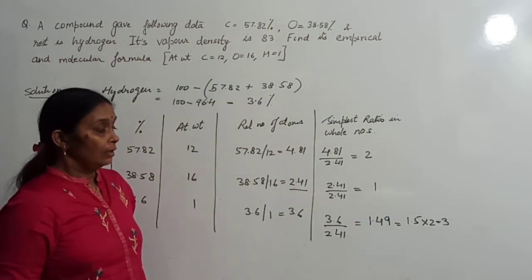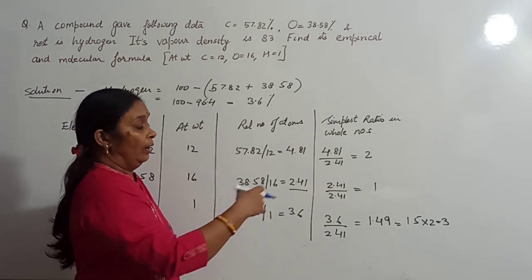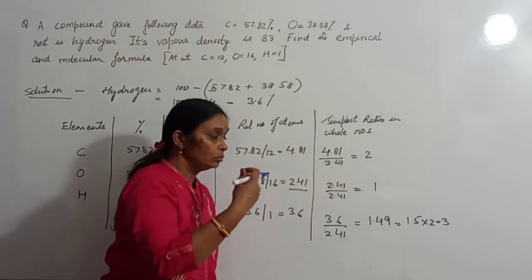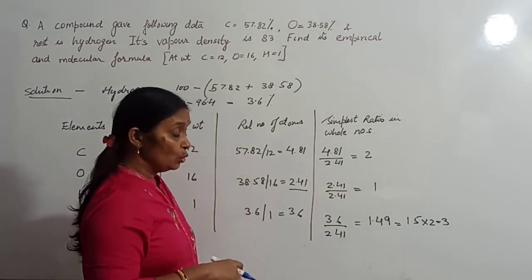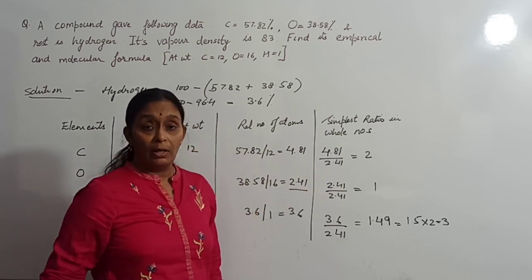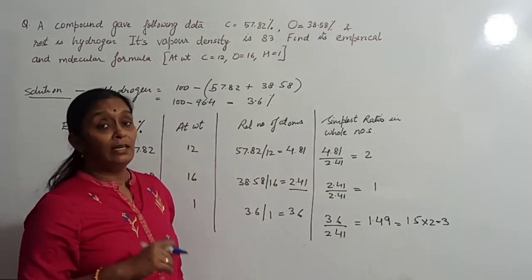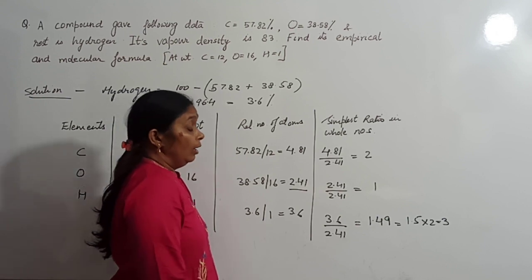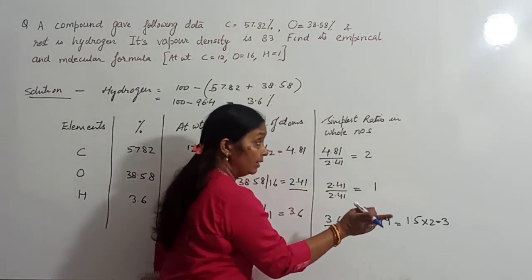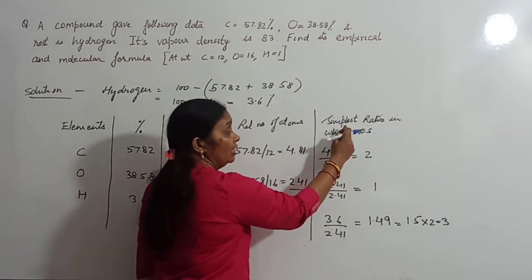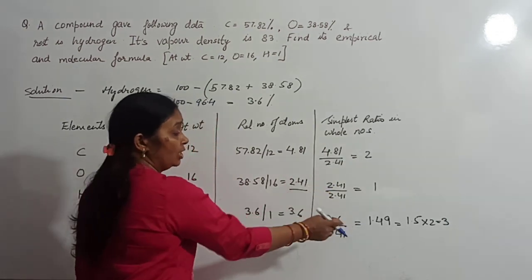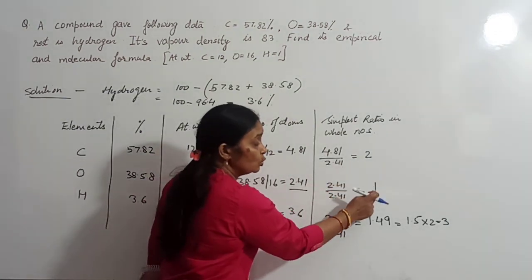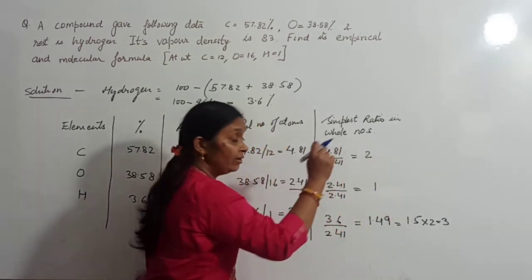That means you have converted your relative number of atoms into a whole number. But there is a difference now. Earlier the simplest ratio of atoms of carbon, oxygen, hydrogen was 2:1:1.5.